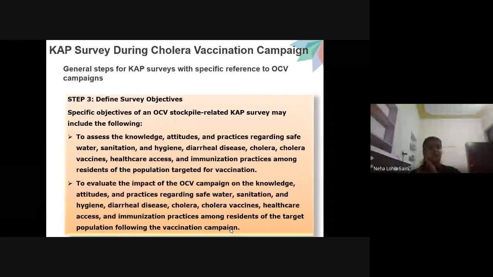First we will assess the knowledge, attitude, and practice, and then we will evaluate the impact. Again, evaluate the impact of the OCV campaign on the same points: knowledge, attitude, and practices regarding safe water, sanitation, hygiene, diarrhea, cholera, healthcare, and everything similar.